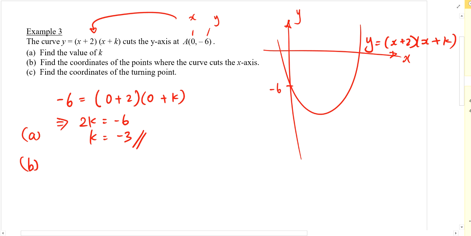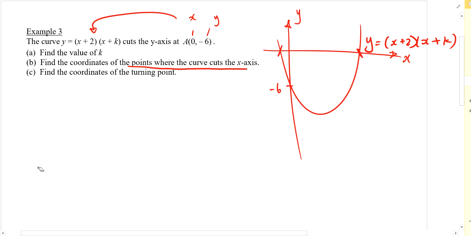Now part B, find the coordinates of the points where the curve cuts the x-axis. So we want the coordinates over here and over here. Knowing that k is equal to -3 helps us. So let us replace this with -3. When it intersects the x-axis, we know that y is equal to 0, because that is the line y equals 0.